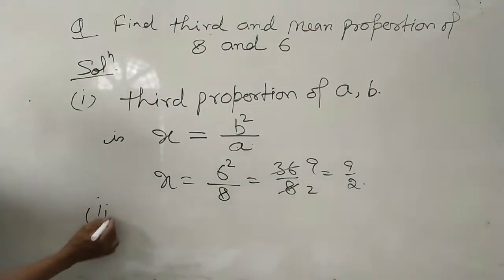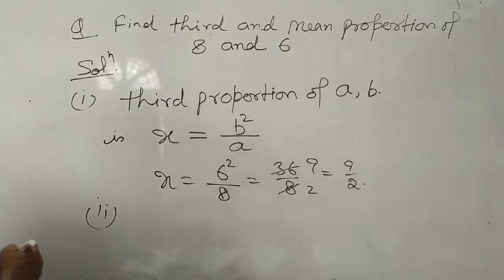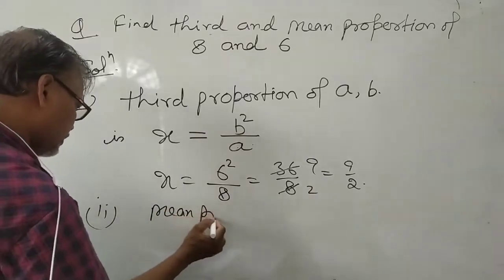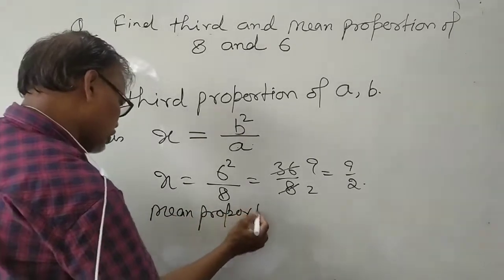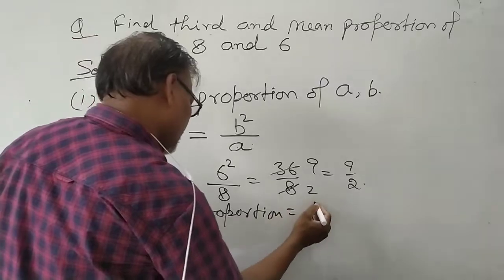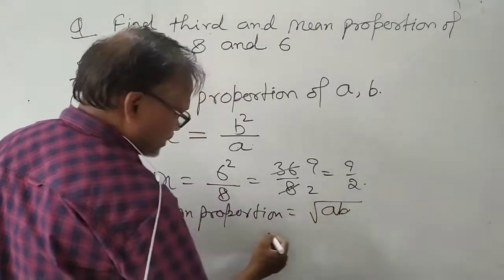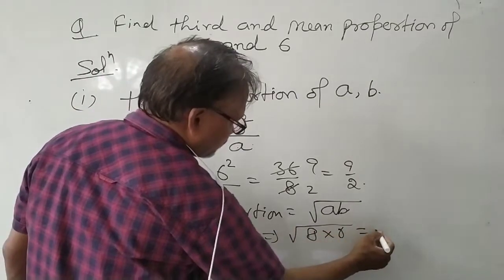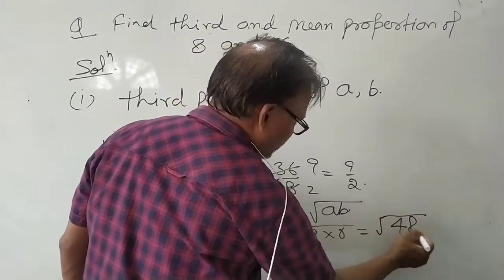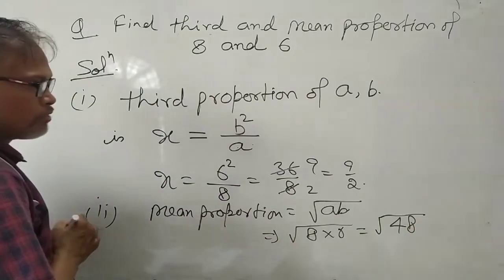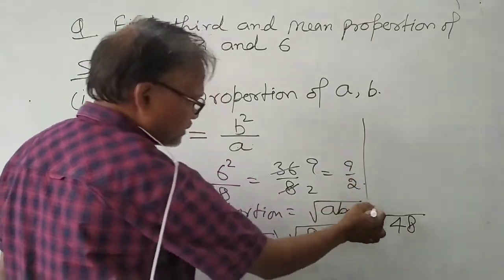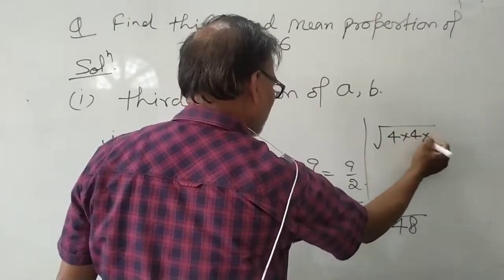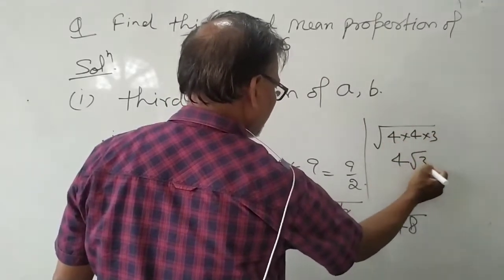Now the second part, the mean proportion. As I just told, it is under root A into B, means take 8 into 6, means under root 48, and under root 48 you can solve as 4 fours are 16 into 3, means 4 root 3, the simplest form.